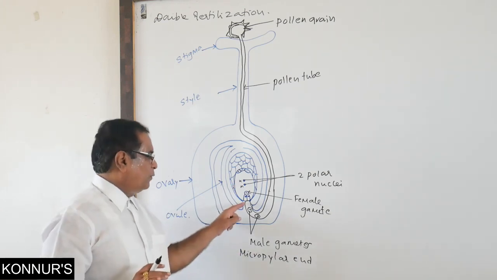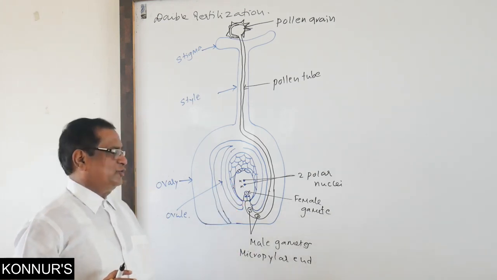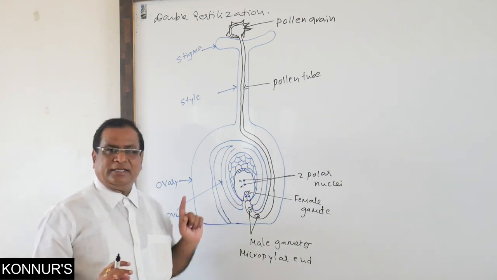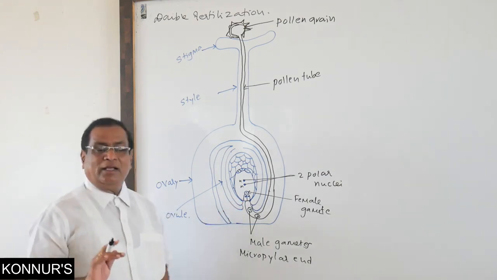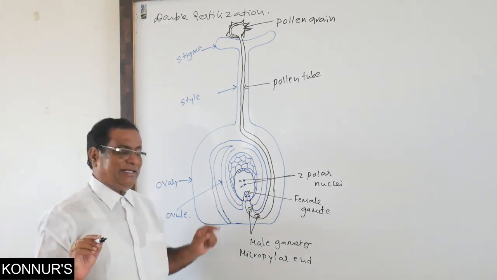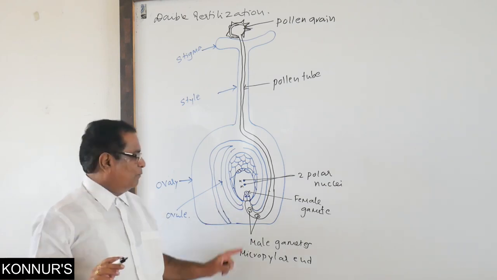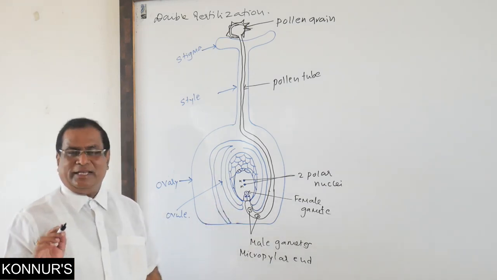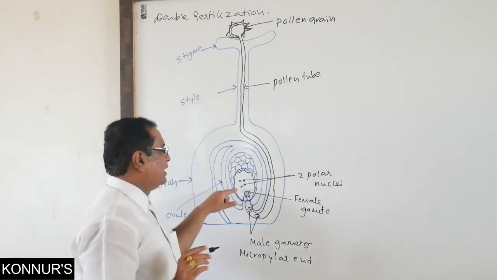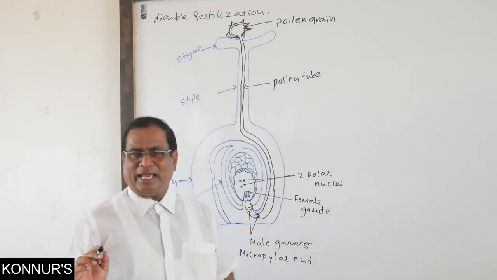It means the pollen tube, which is carrying 2 haploid male gametes, enters the embryo sac through the micropylar end. This pollen tube first enters one of the synergids, where the filiform apparatus guides the pollen tube to enter the synergid, so that these 2 male gametes are released in the embryo sac.